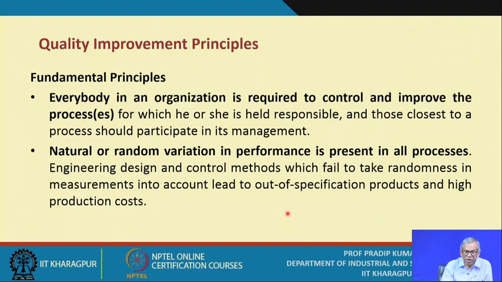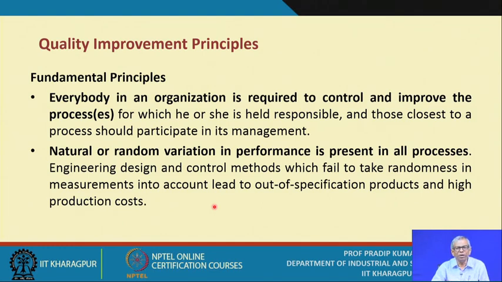Natural or random variation in performance is present in all processes. That means there will always be variations. Even if you install the most sophisticated process at your shop floor, you will find that you just cannot get the same values all the time. It is just not possible.